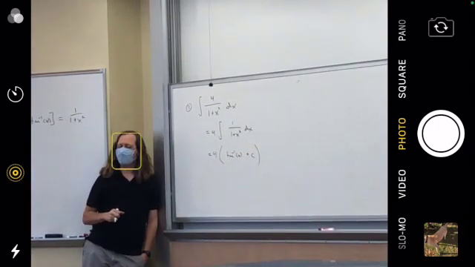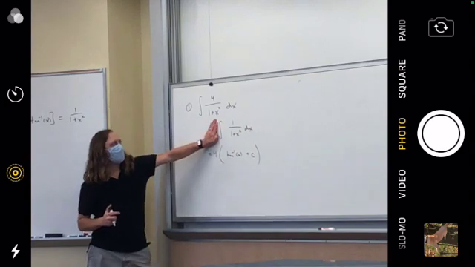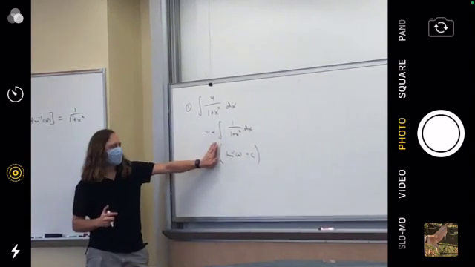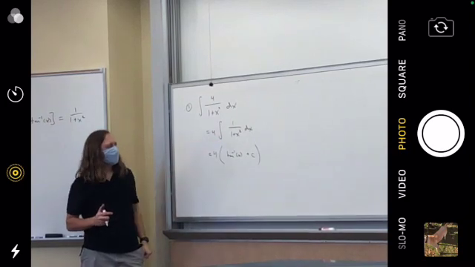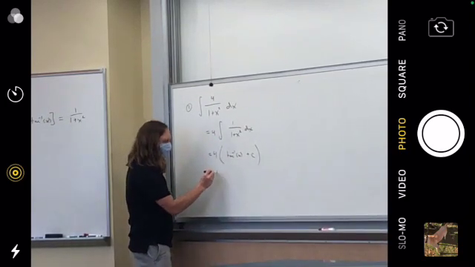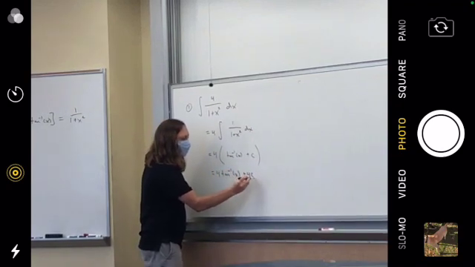Why did I write the plus c this way? This is the one that's kind of subtle. The integral sign is what gives you the plus c. If I had to find all possible antiderivatives of this, it would be this, right? And then what do I get here?